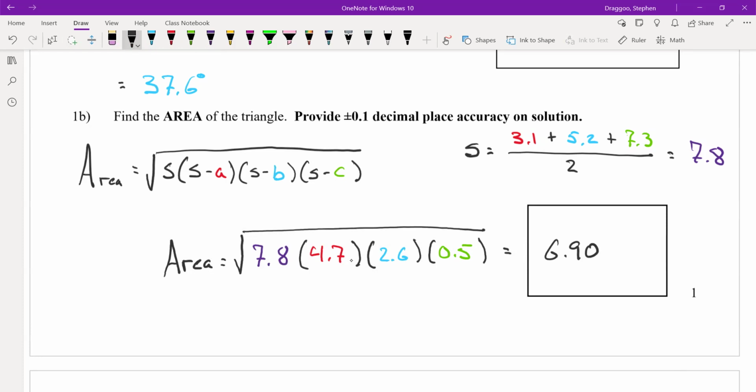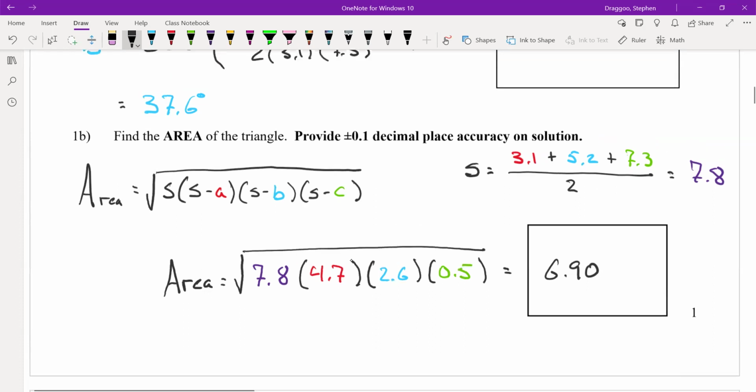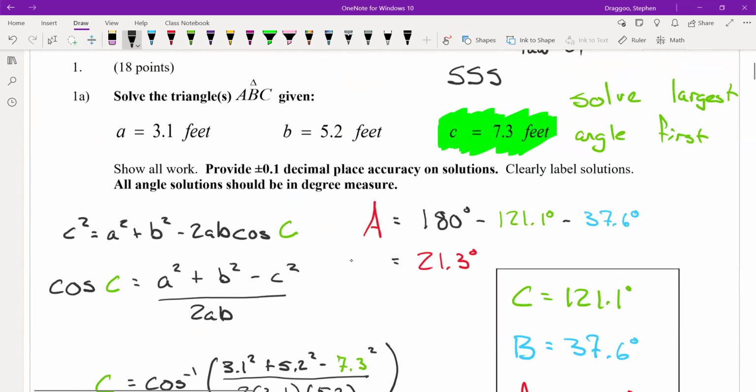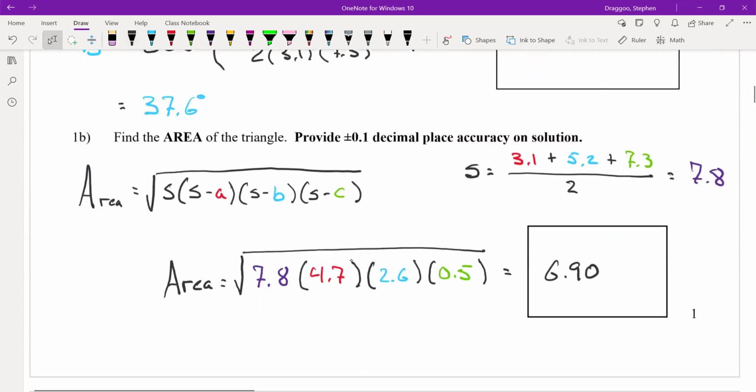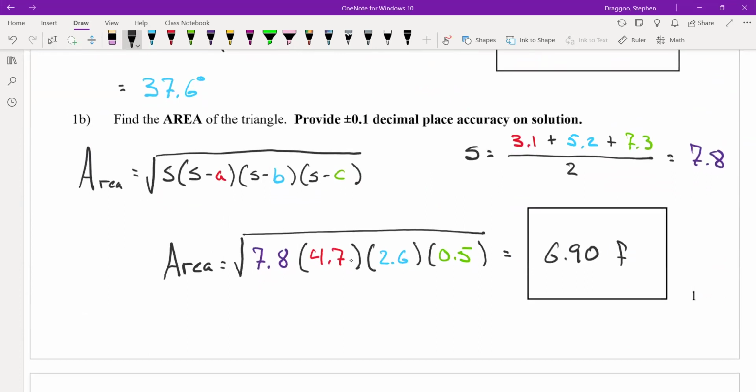Area is measured in some sort of square distance, so square feet, square meters, square centimeters, something like that. Whereas lengths are measured in single units, so feet, meters, or centimeters. If we go back up to the original statement of the problem, all of our lengths were given in feet. So our answer should be in square feet.